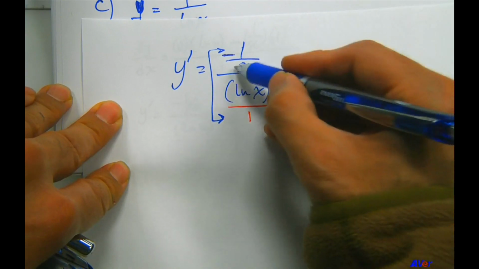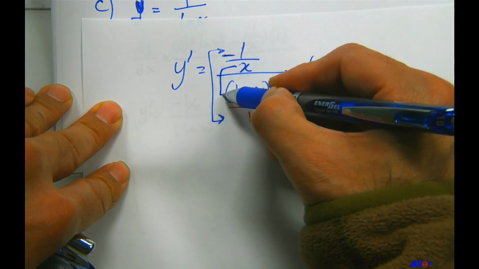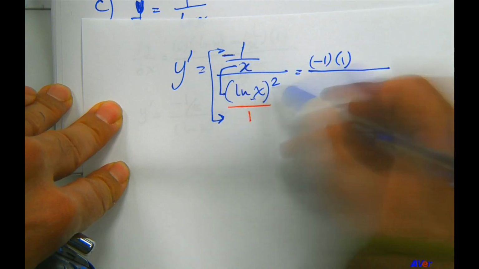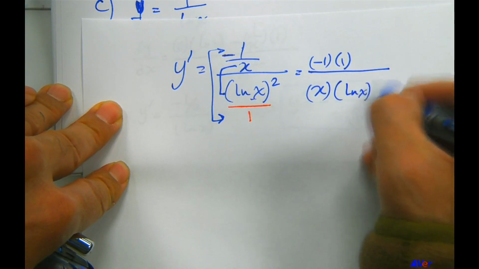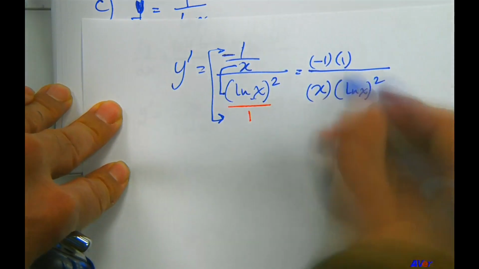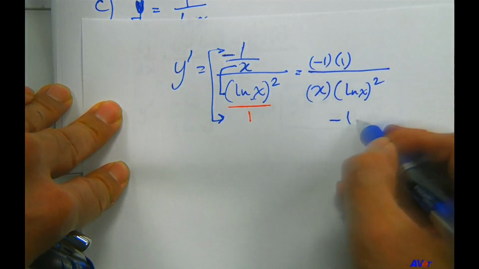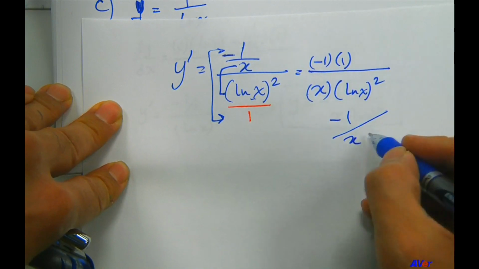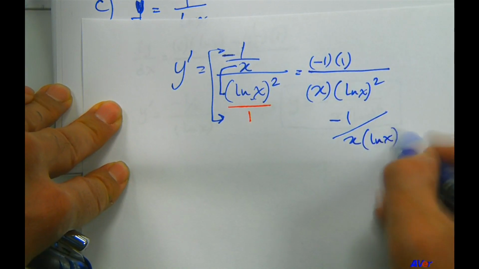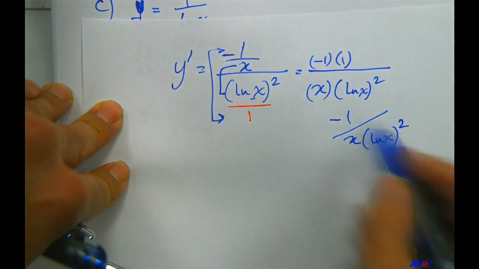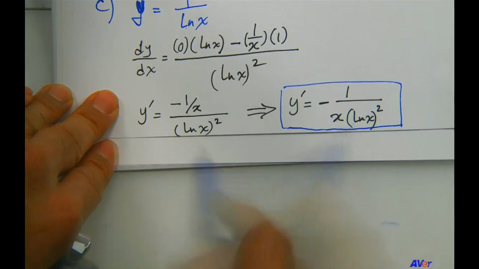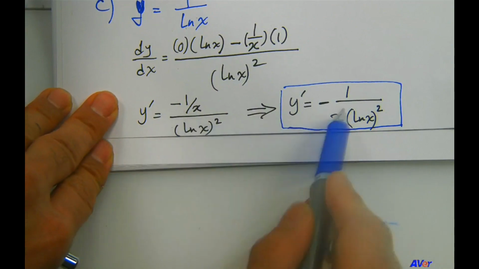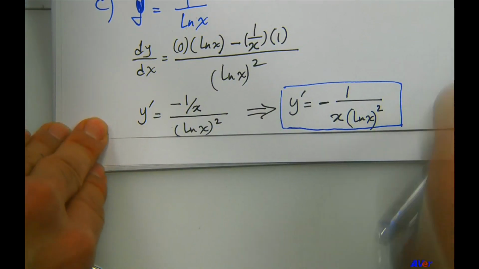And then multiply the nearest terms, the x times natural log of x squared, and put them in the denominator. And you're done, right? All you have to do is simplify. Minus 1 divided by x times natural log of x squared. This expression, which is what we have here. So that's what I did going from here to there. All right.